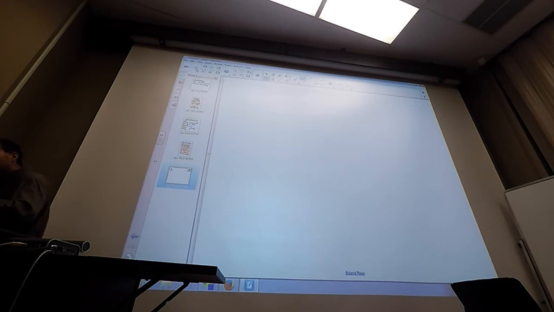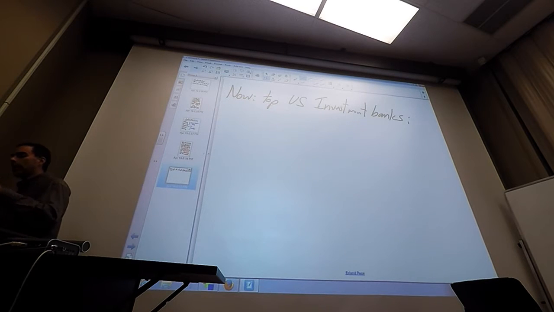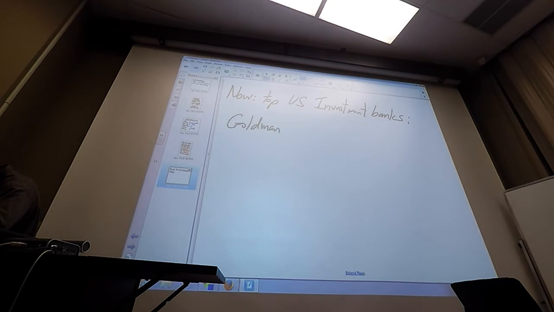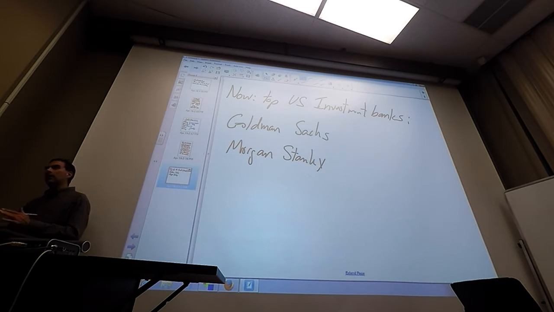And so now, it's kind of drastically different. So now if you look at the top U.S. investment banks, we still got Goldman Sachs and Morgan Stanley.